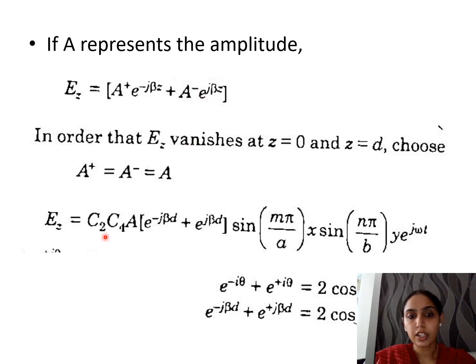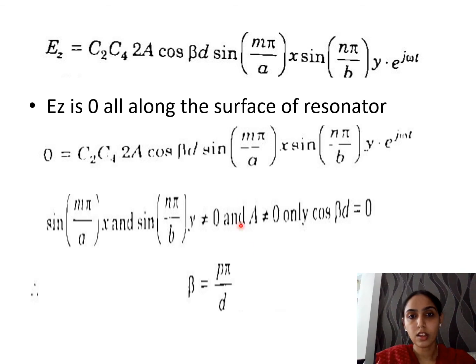So we can modify the equation as C2 C4 A times e raised to minus j beta d plus e raised to j beta d. Here z is replaced by small d. Now using the trigonometrical identity, we can replace this factor e raised to minus j beta d plus e raised to j beta d by 2 cos beta d. So we have replaced this by using the trigonometrical identity.